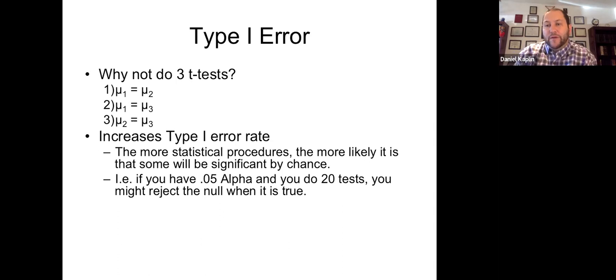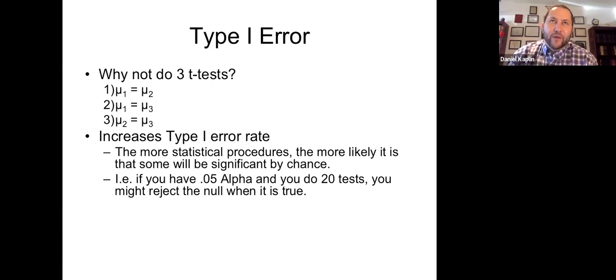So we allow up to 5% error in each study. Now we can make that alpha or error level of significance lower if we wanted. But in this case, if we ran 3 tests with an alpha of 0.05, then putting that together, we might have an alpha of 0.15, right?